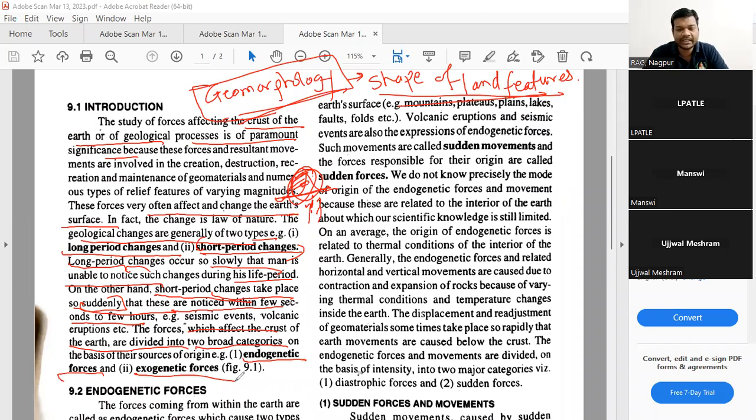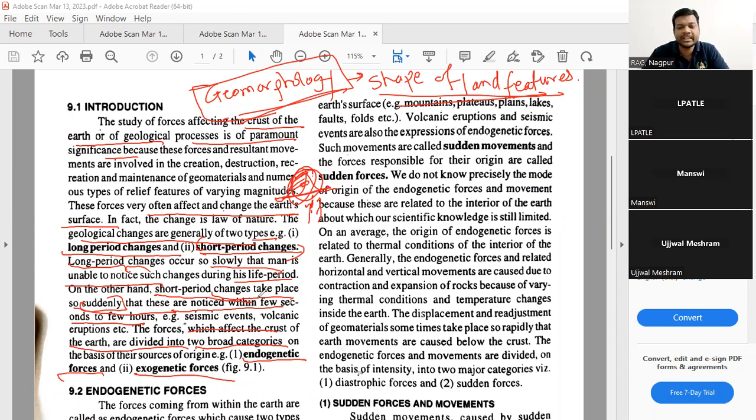Basically, endogenetic forces are those forces which come from within the earth, which the earth has itself, from the interior of the earth, just like seismic waves, volcanism or plate tectonics. These are endogenetic processes.